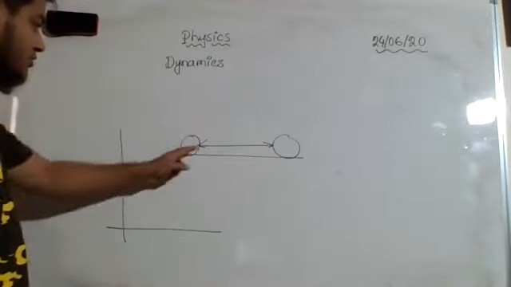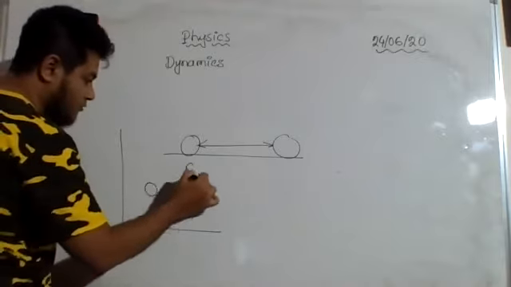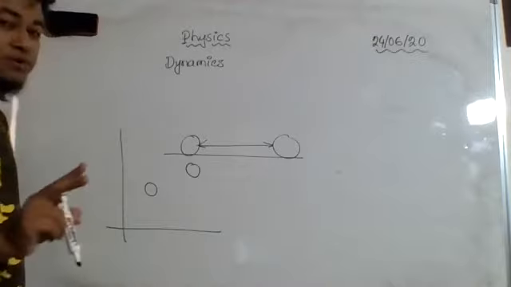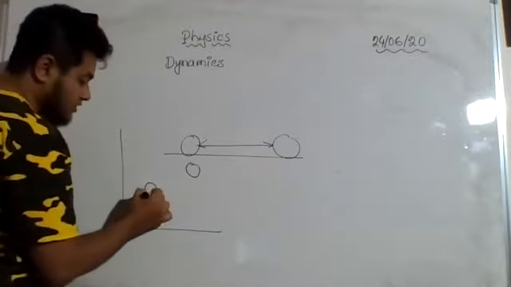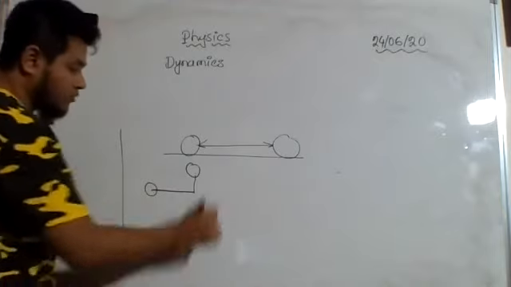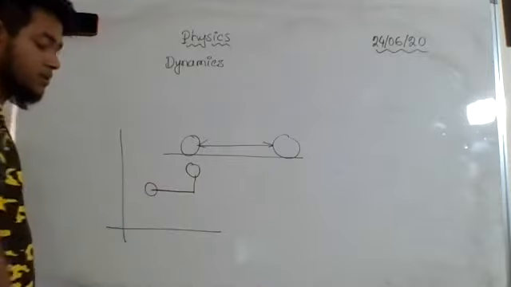What is the difference between these two? Let us say the body was here and the body moved here. So to express the displacement, you have to give me two values. That is how much distance I moved along x-axis and how much distance I moved along y-axis. Then I will be able to go from here to here, right?